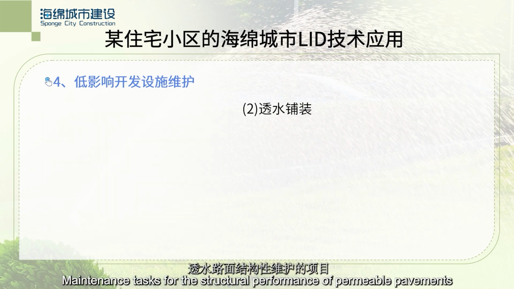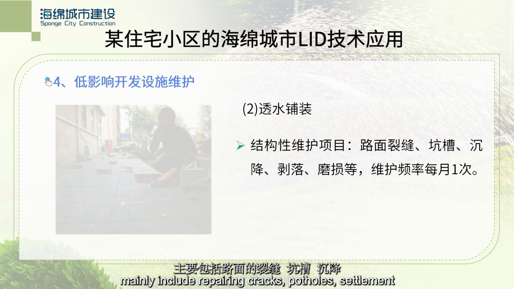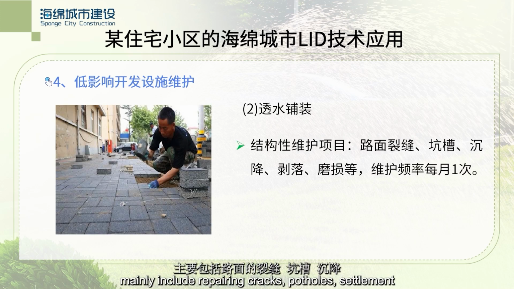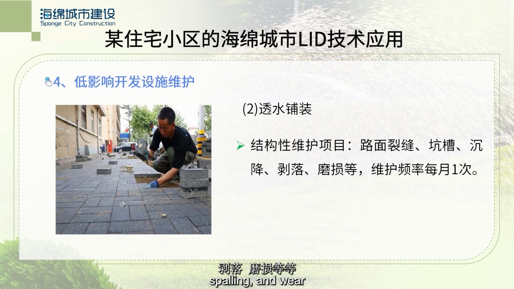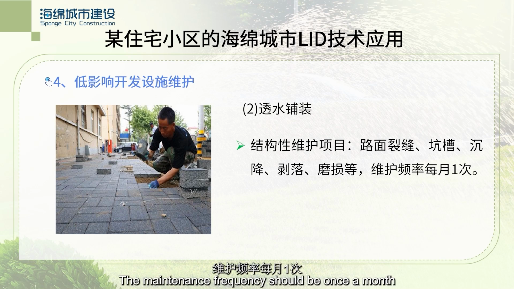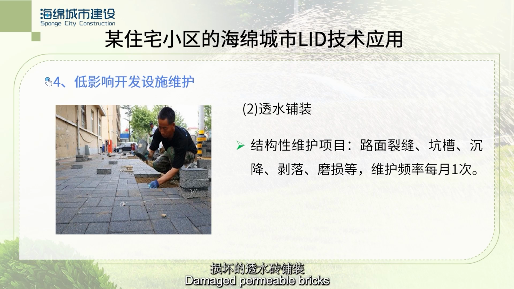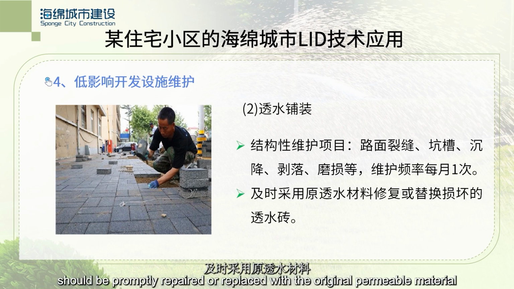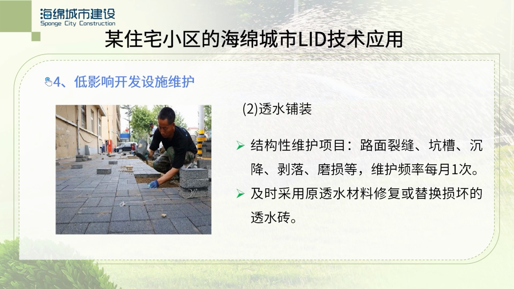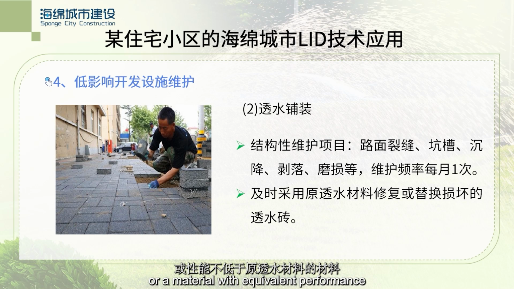Maintenance tasks for the structural performance of permeable pavements mainly include repairing cracks, potholes, settlement, spalling, and wear. The maintenance frequency should be once a month. Damaged permeable bricks should be promptly repaired or replaced with the original permeable material or a material with equivalent performance.